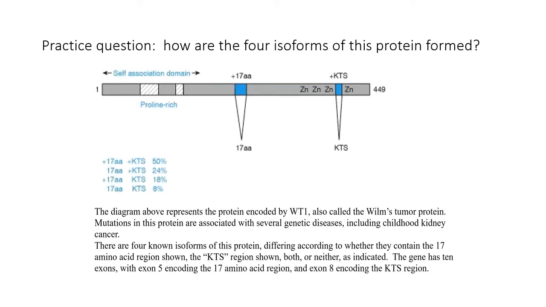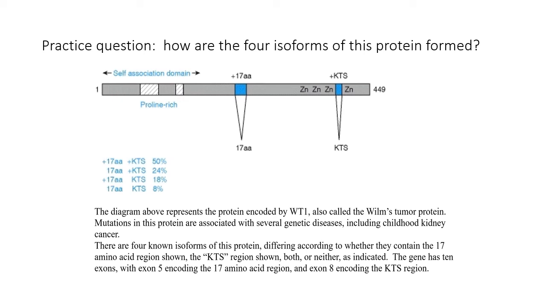Okay, so now we've got a few practice questions. This one's not hard. We have a Wilms tumor protein, WT1, and this is true. There's actually 4 different forms of this protein, 4 different isoforms, and they are determined by how the splicing goes. Okay, so there's 4 forms, and this is actually pretty simple if you think about it, right?